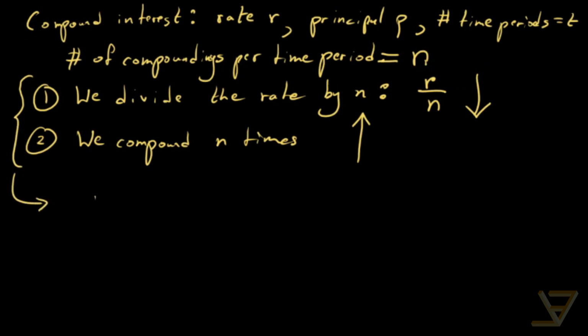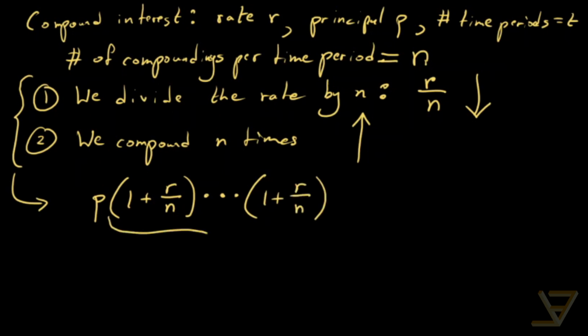What I mean is that you have your principal and you multiply by 1 plus r over n. And then you multiply that several times, n times, 1 plus r over n.